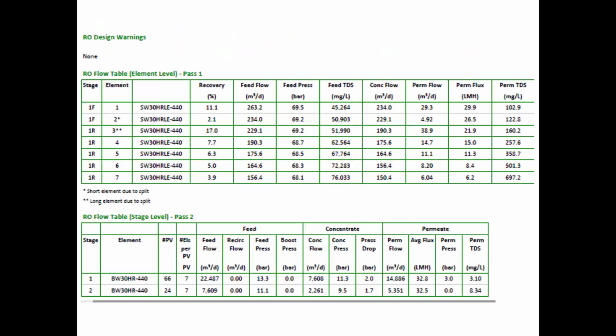And design warnings. The software will show you warnings. As I mentioned, most warnings come from flow balance: feed flow, concentrate flow, permeate flow. Some people give too much feed flow or too little feed flow, so you cannot balance this mass balance.